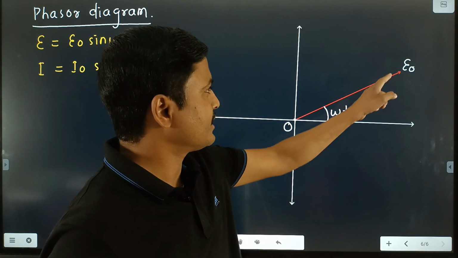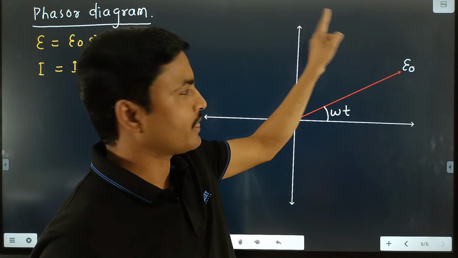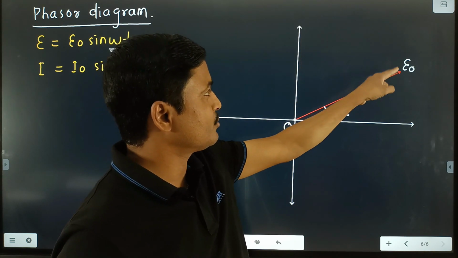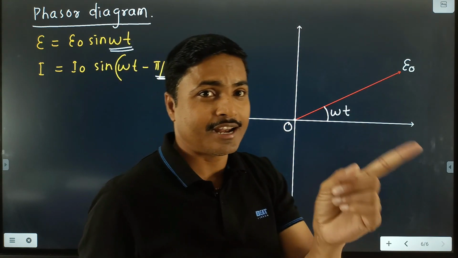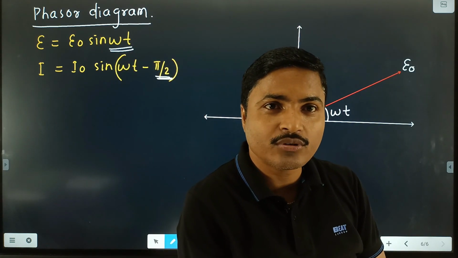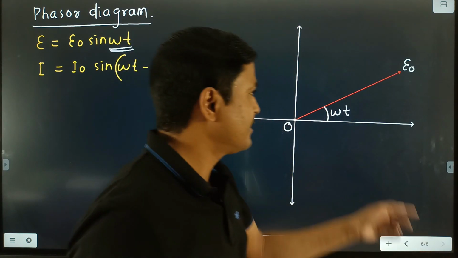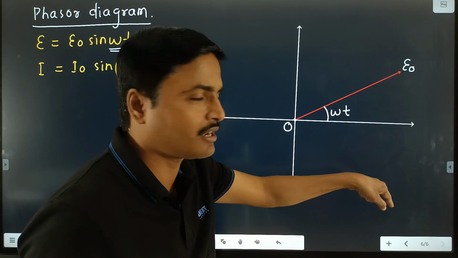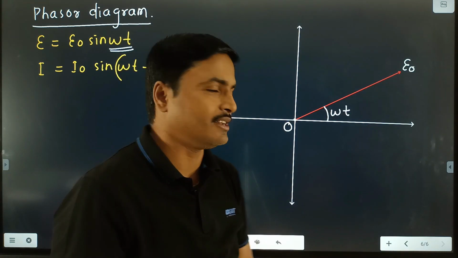So this anti-clockwise direction is known as the forward direction. If we write plus pi by 2 on this side, then minus pi by 2, which means lags behind, is on this side. Clear? This side means clockwise direction.